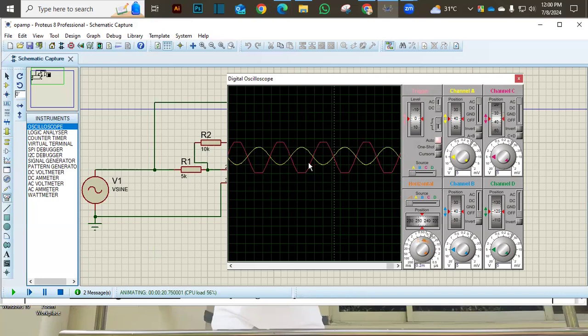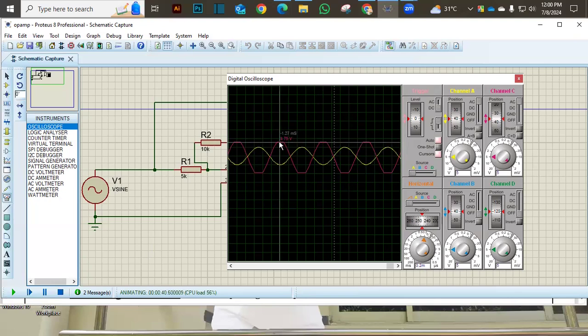Okay, what we can see here is that our input cycle shows in channel A. When the input is at the negative level, our output is found at the positive level.